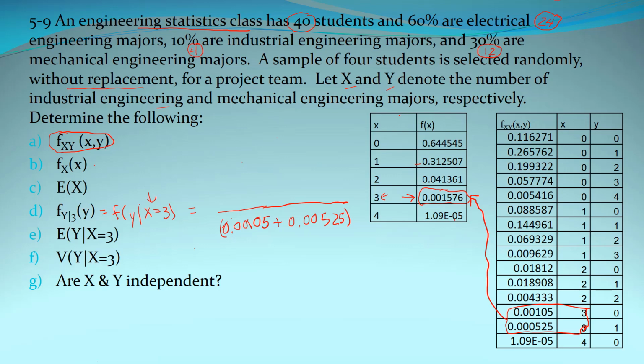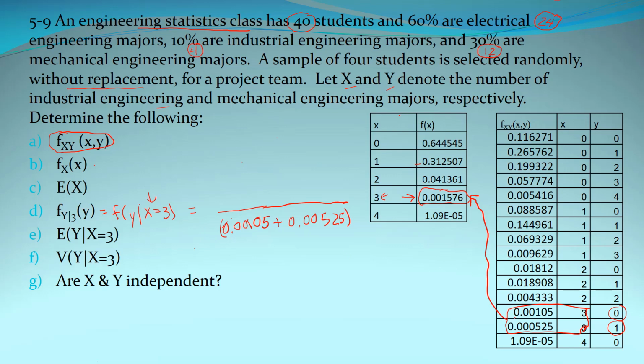So then all we have to do is, there's only two ways you can get y in that world, right? Y can be 0 and y can be 1. So what is the probability that y is equal to 0?